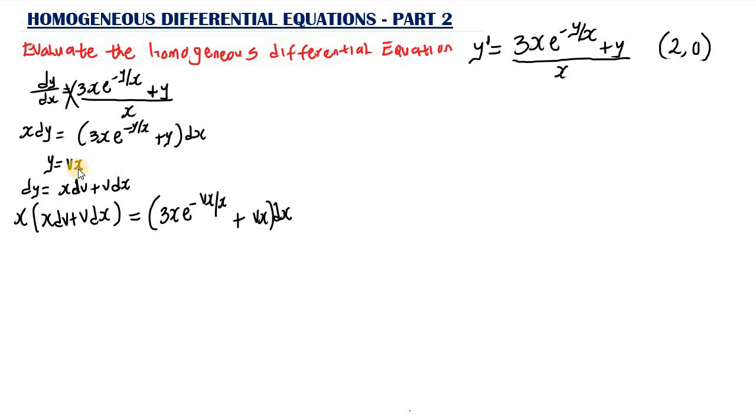We are going to simplify this. On the left side, it remains the same: s multiplied by s dv plus v ds. Now we simplify the right side. We are going to factor out the common term. The common term is s, so we factor out s outside the parentheses. If we do this, we have s multiplied by 3e raised to the power of negative.